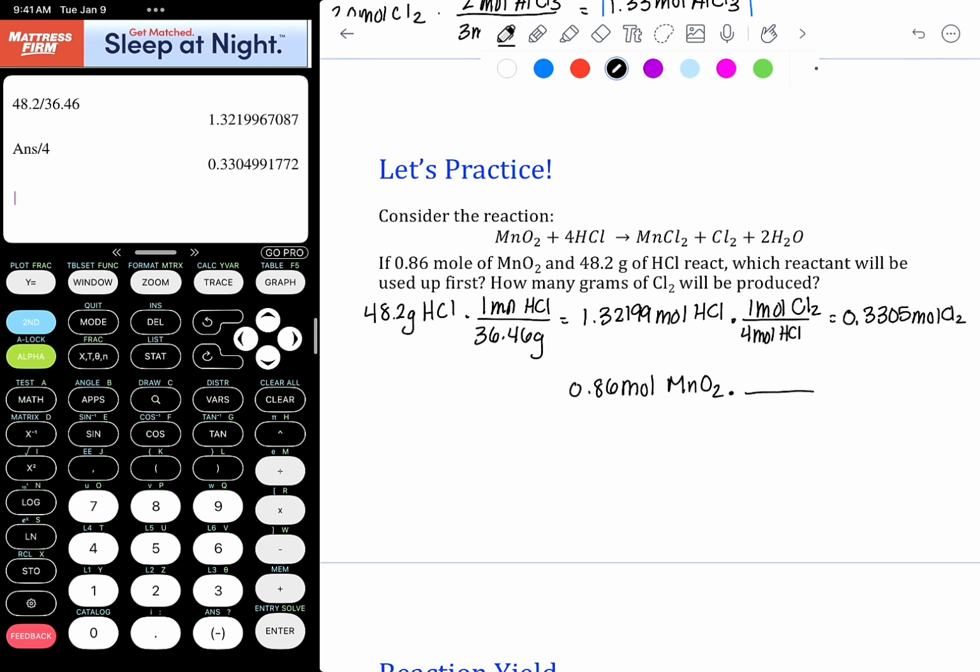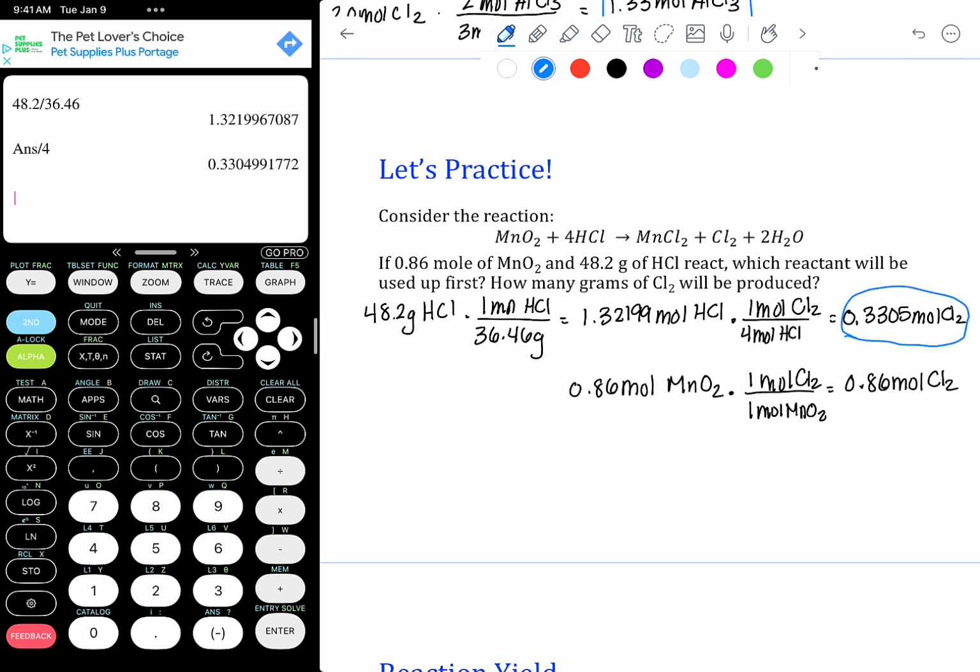For MnO2, I have 1 mole of MnO2 for 1 mole of Cl2. So we get 0.86 moles of Cl2. So this suggests that because this is the lower amount, HCl is limiting. So that answers our first question of which reactant will be used up first. HCl is our limiting reactant, and that will be used up first.